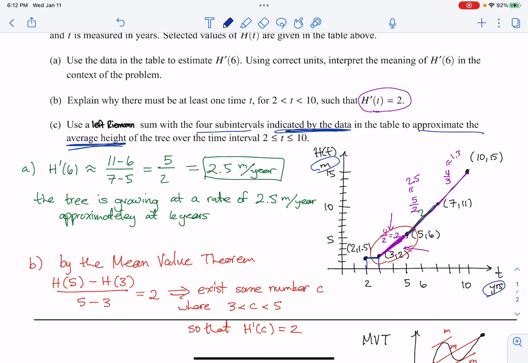So, our left Riemann sum is probably going to look something like this. We want to extend the rectangle until we get to the next data point. So we have a rectangle there, a rectangle here, we've got a rectangle here. It's at 10.